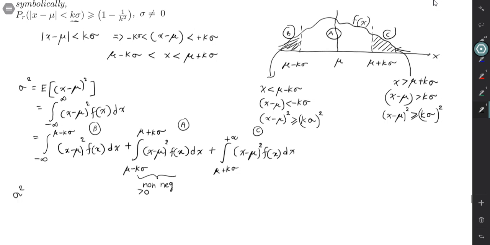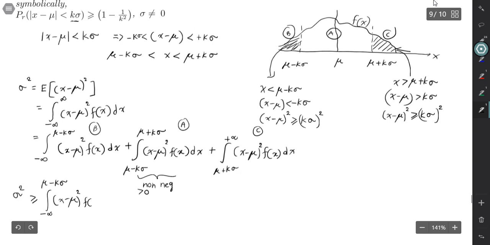Therefore, we can write sigma square is greater than or equal to the other two parts. If you drop this one, your right hand side becomes smaller and the left hand side becomes bigger. So you have sigma square greater than or equal to the integral from negative infinity to mu minus k sigma of x minus mu square f(x) dx, plus, since we have dropped this term, only C, from mu plus k sigma up to plus infinity, of x minus mu square f(x) dx.